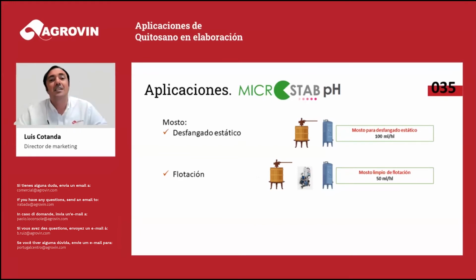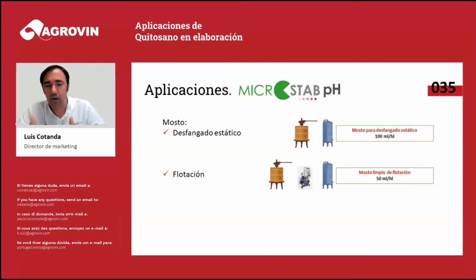In continuing with the applications, in the case of very quick press, we can add it to the must. In static debourbage or in static settling, we need to give some time to chitosan for its antimicrobial activity.